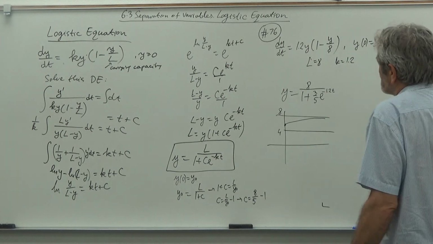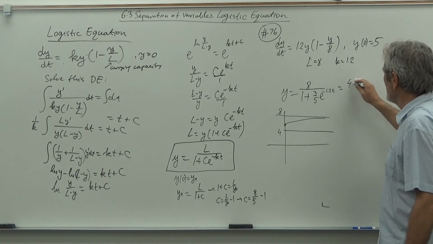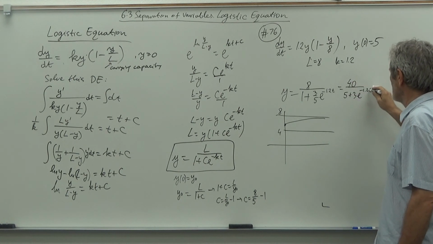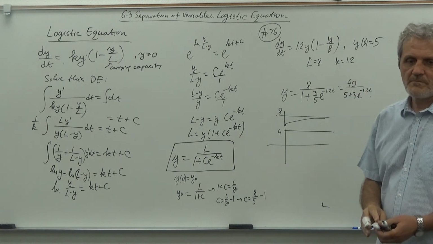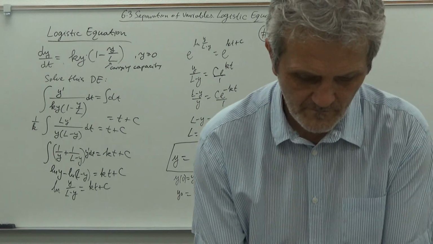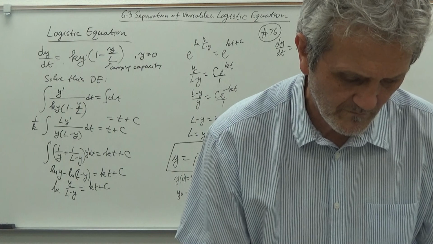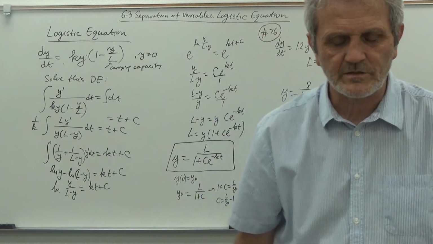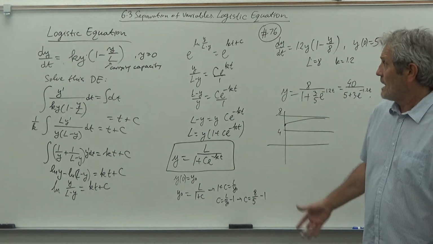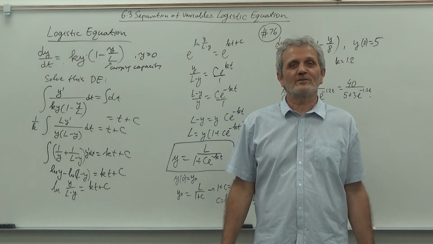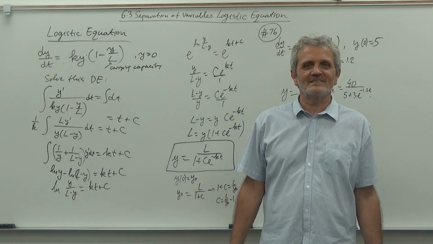What I did in my notes, I polished it by multiplying by 5, so 40 over 5 plus 3 e to the minus 1.2t. Right, and it says the graph has no inflection point. That's where we finish our section 6.3 and we finish our course Math 155, summer 2018. Thank you.